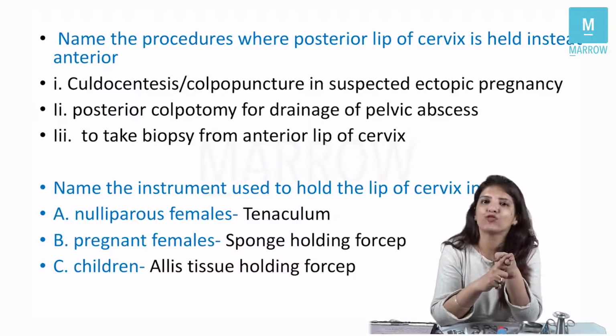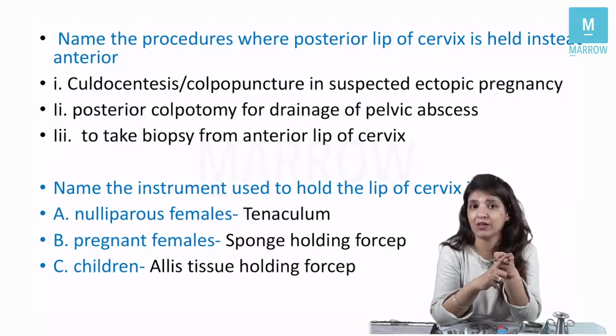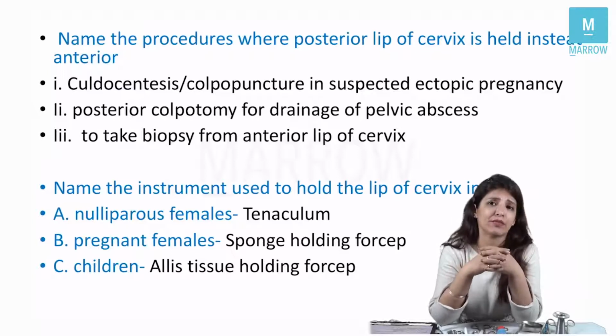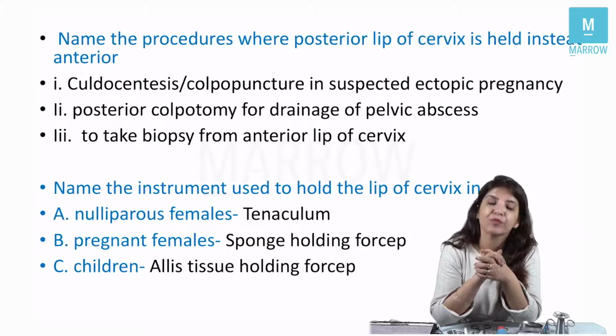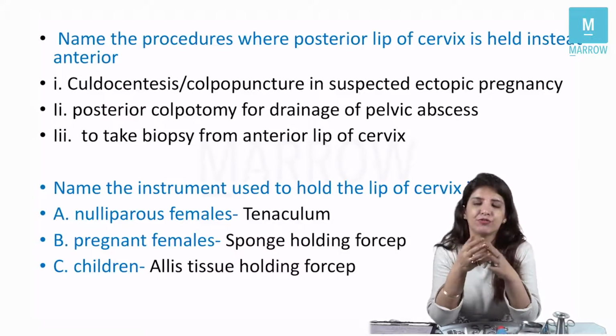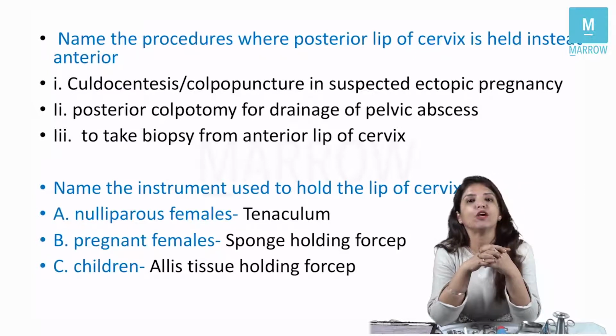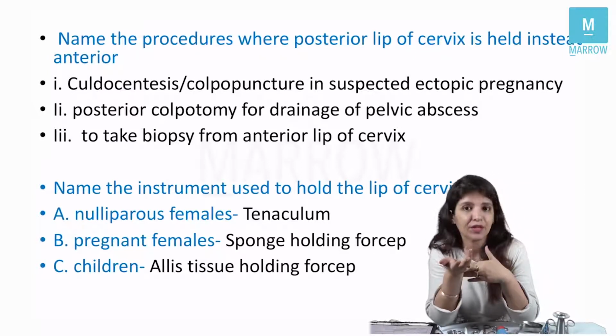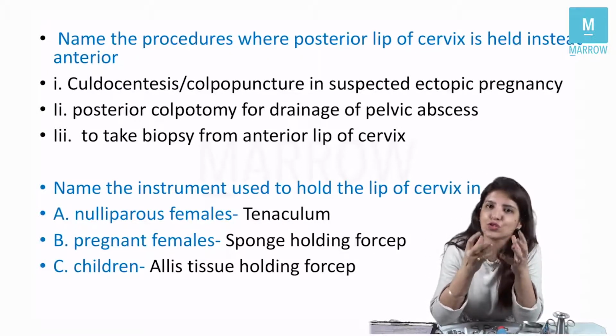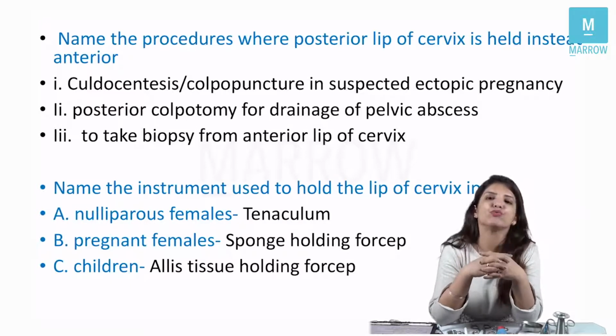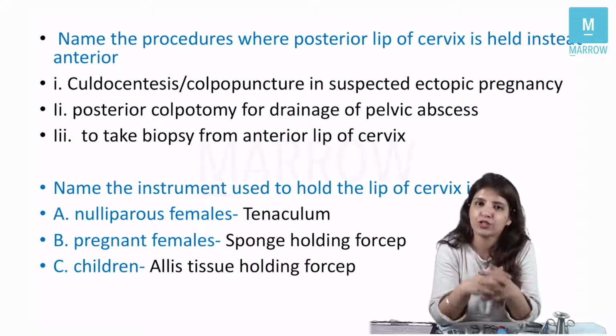And if you have to hold a pregnant female's cervix, and when do you hold a pregnant female's cervix? When you are doing a cervical cerclage. Or suppose immediately after delivery, the cervix is still going to be very soft. So immediately after delivery, if there is a cervical tear, in that case, you have to hold the soft cervix again. You are going to use a sponge holding forceps.